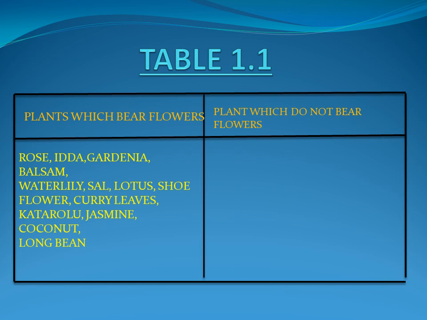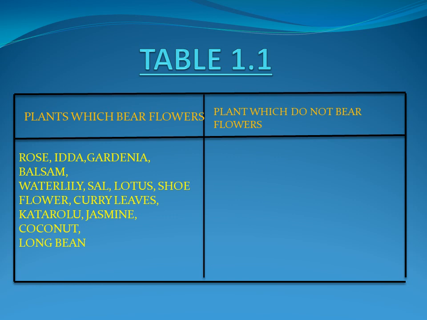So plants which bear flowers, I have told you: rose, gardenia, balsam, water lily, sal, lotus, shoe flower, curry leaves, catarolu, jasmine, coconut and long bean are plants which bear flowers.